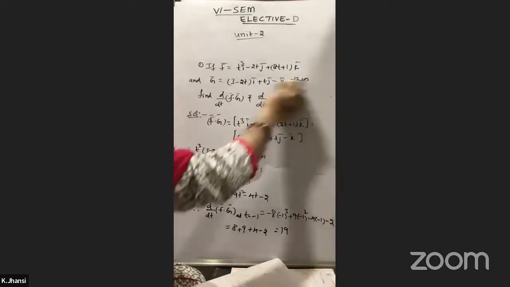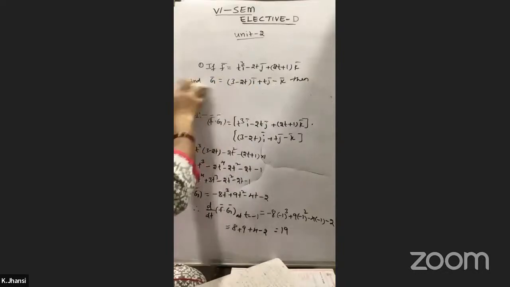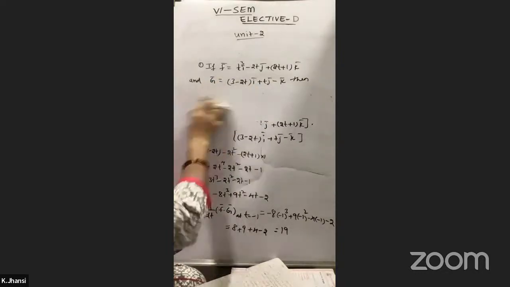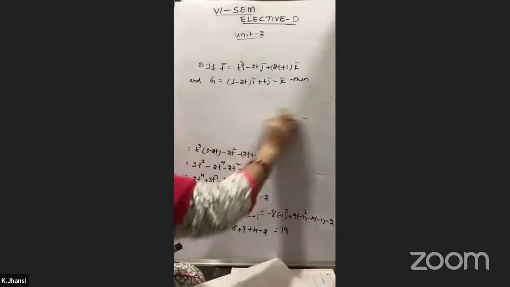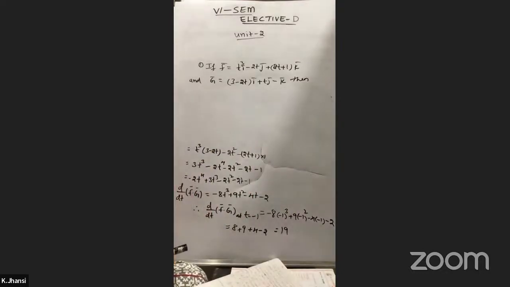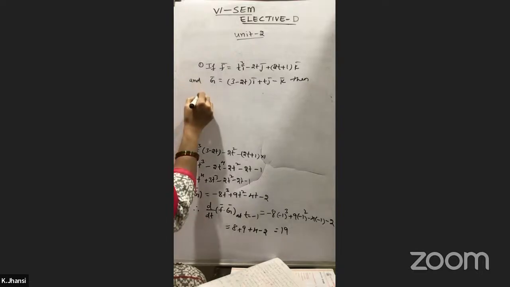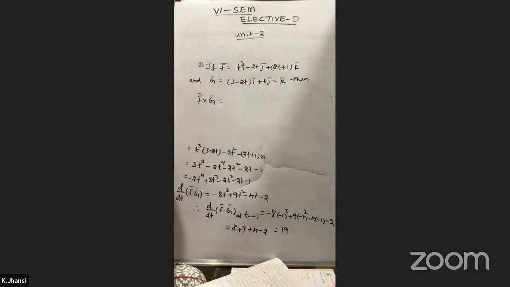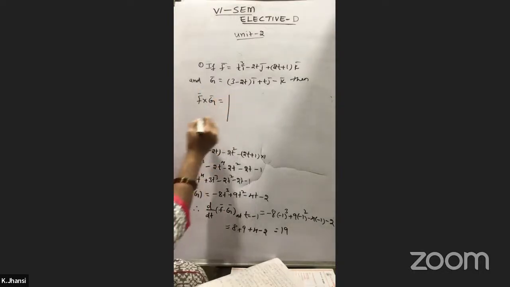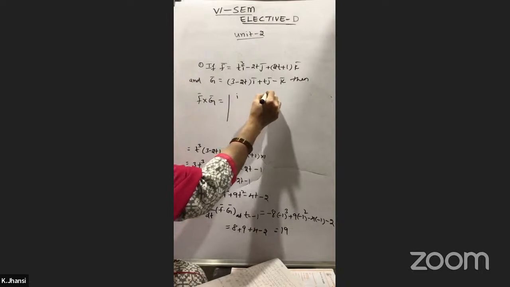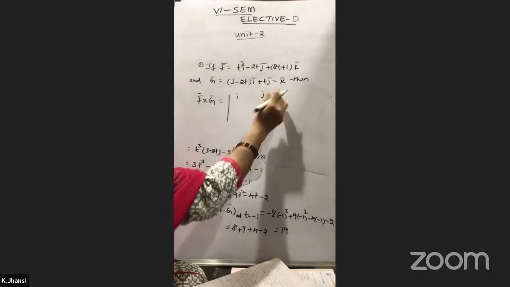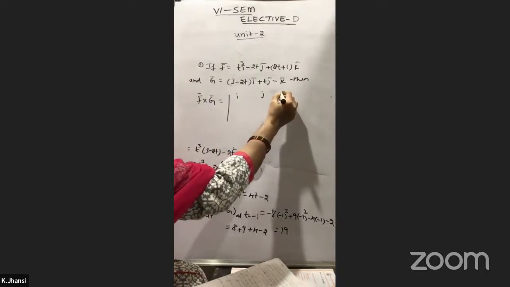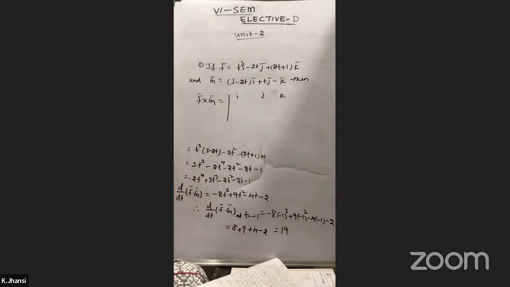So f cross g is equal to the determinant with i, j, k.